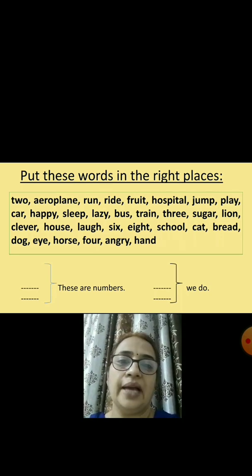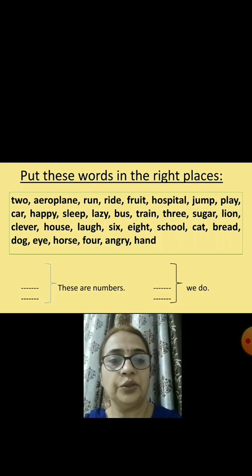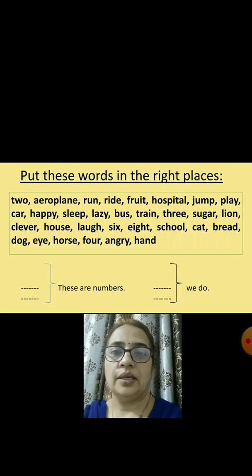Now there is another exercise given in your book in the same chapter. Here we have given children a few words in the box. Can you read the words? Come on, let's read with me.